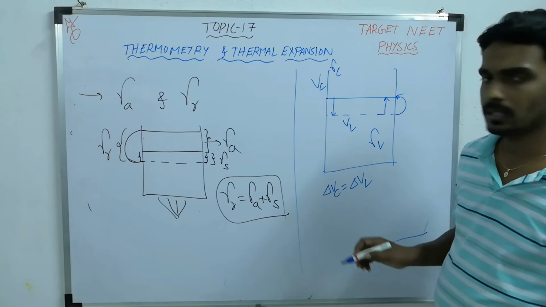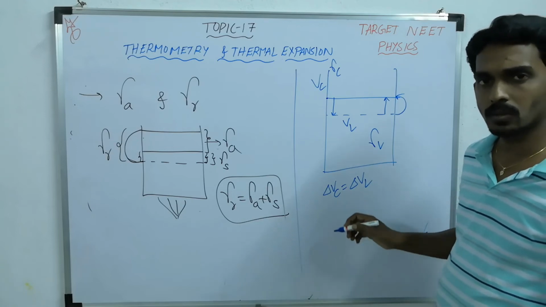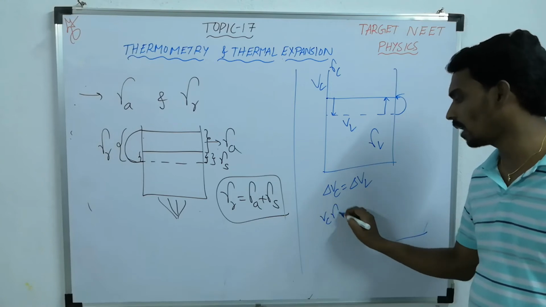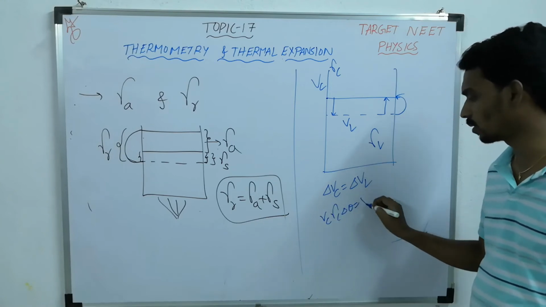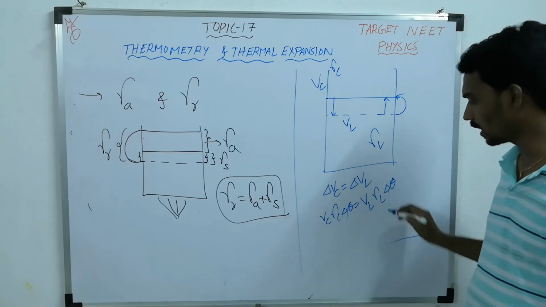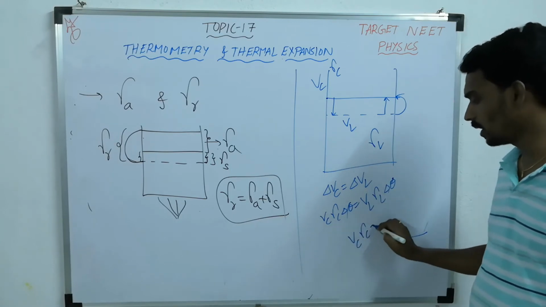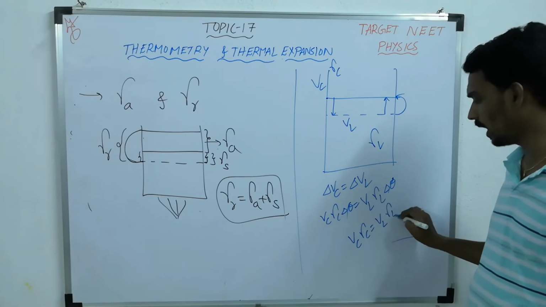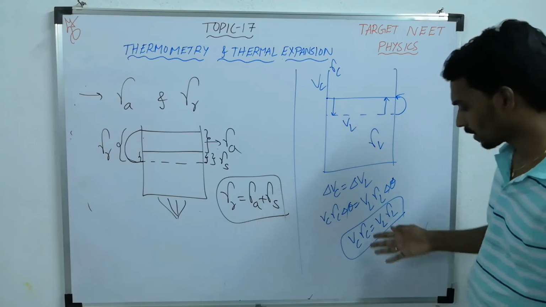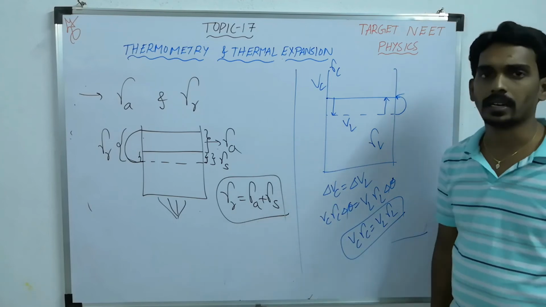Delta V equals V gamma delta theta. So Vc gamma C delta theta equals Vl gamma L delta theta. Delta theta cancels, so Vc gamma C equals Vl gamma L. This is the relation between the liquid and the container.